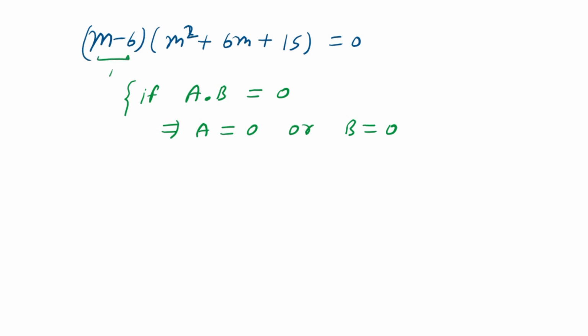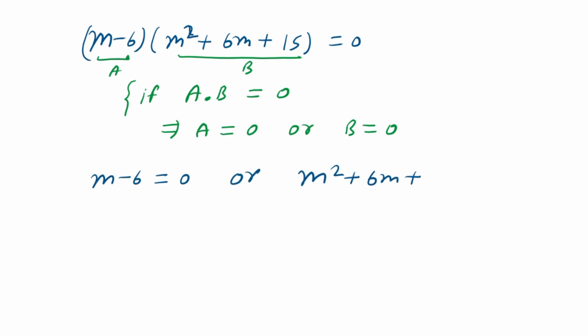Suppose this expression is a and this expression is b. If we apply this rule, then you can say m minus 6 equals 0, or m square plus 6m plus 15 equals 0. Here m equals 6.